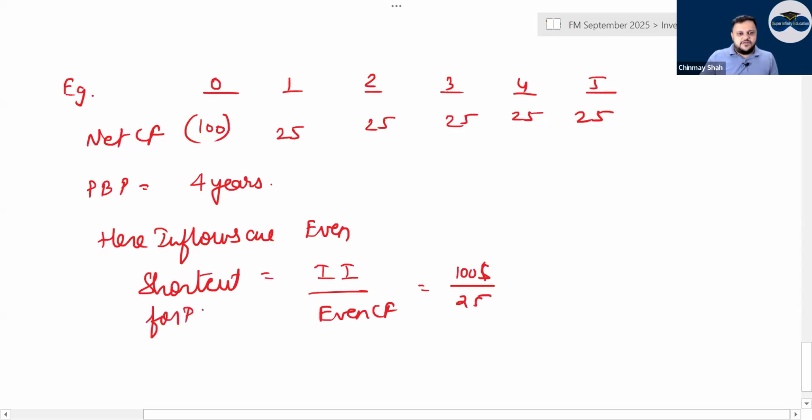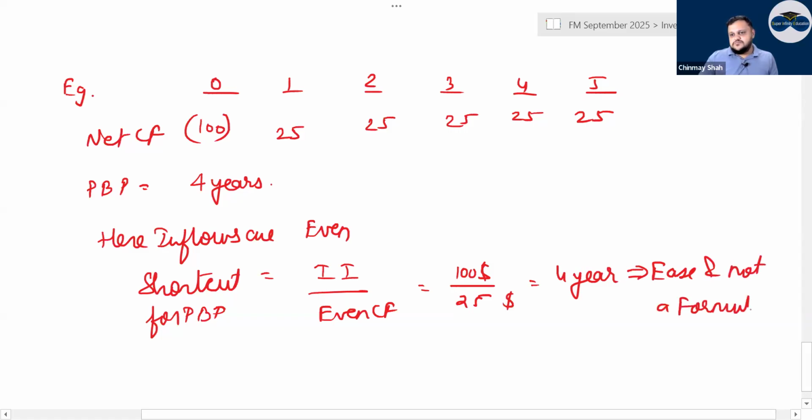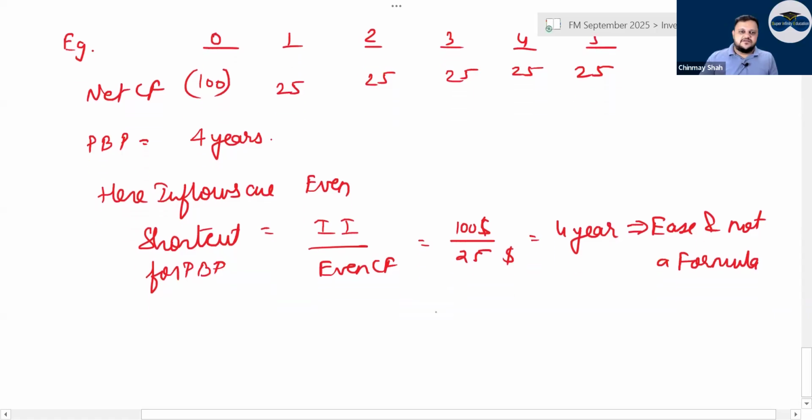Shortcut for PBP. But honestly tell me, what is better? The cumulative cash flow method, or this 100 divided by 25? It is not a formula, it is ease, right? So 4 years, correct? This is ease and not a formula. It is mathematical ease, correct?